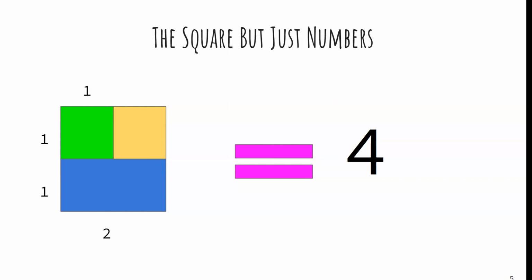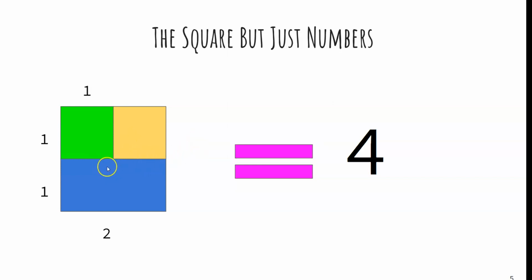These are variables. So if we take the area of the blue piece and the area of the green piece and the area of the yellow piece, and we add them up, you will get the area of the entire square, right?